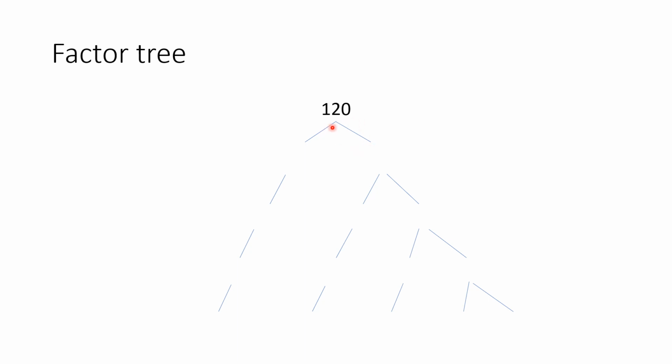We will factorize 120. So I have factorized it like this, 2 multiplied by 60. So I have created two branches for that. Then 2 is a prime number, so it will stay the same. Now there are no other branches from 2, only one branch. And from 60, again there are two branches, 2 multiplied by 30 equals 60.